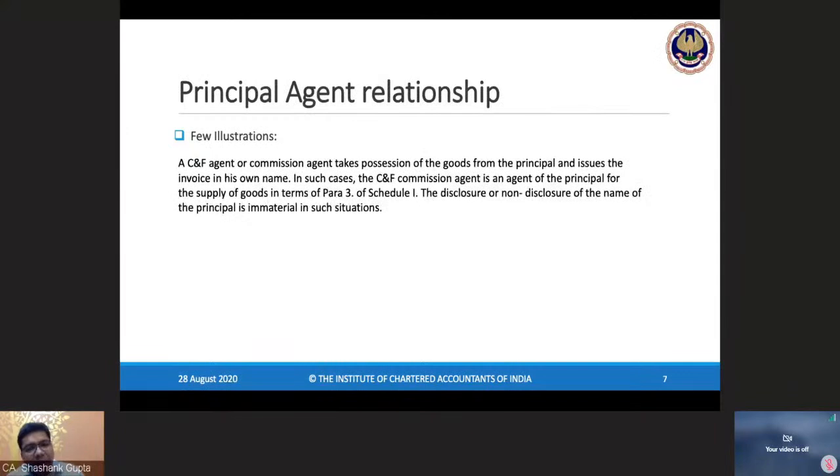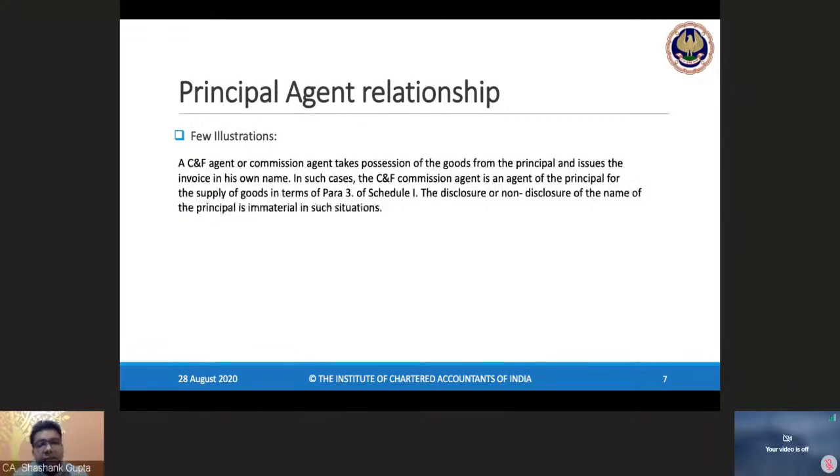Goods are owned by the principal, suppose X Limited. X Limited has 10 lakh rupees worth of stock on which they have paid 2 lakh rupees as GST, let us presume. Okay.